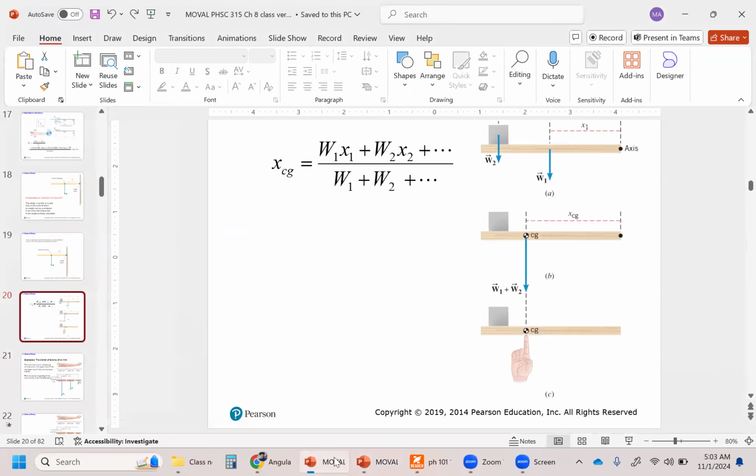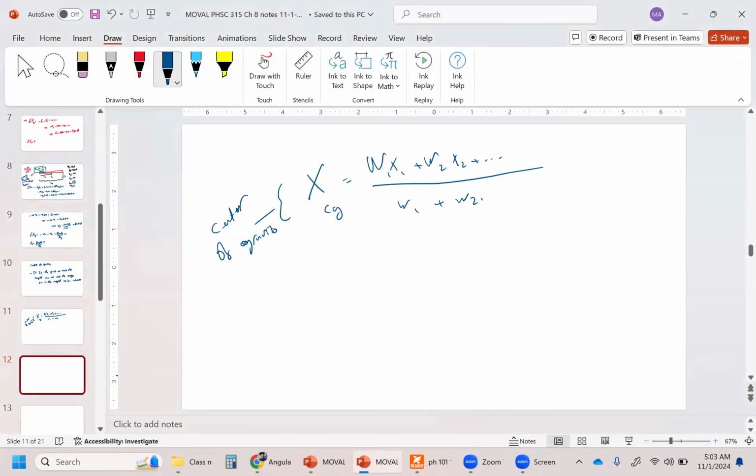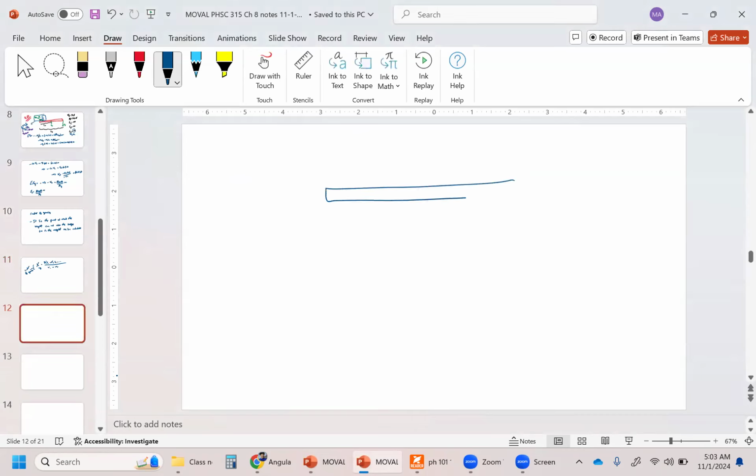So let's take a look at an example, shall we? You have an arm composed of three parts: upper arm, 17 newtons, lower arm, 11 newtons. The hand is 4.2 newtons. Find the center of gravity of the arm. So let me go ahead and do that. You have your weight one for your upper arm, your weight two, and your weight three.